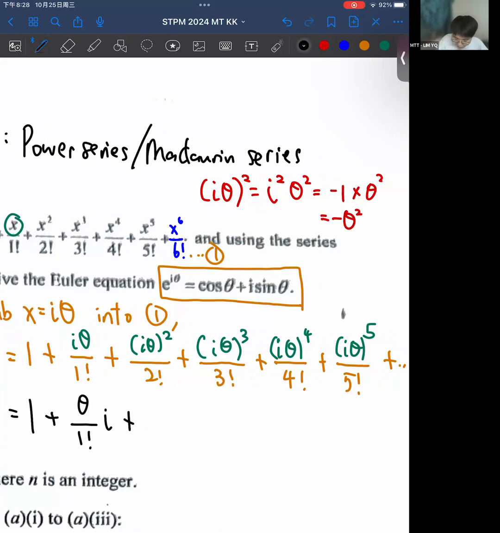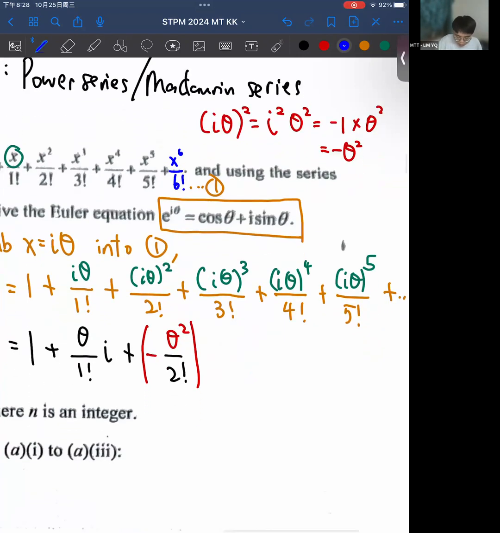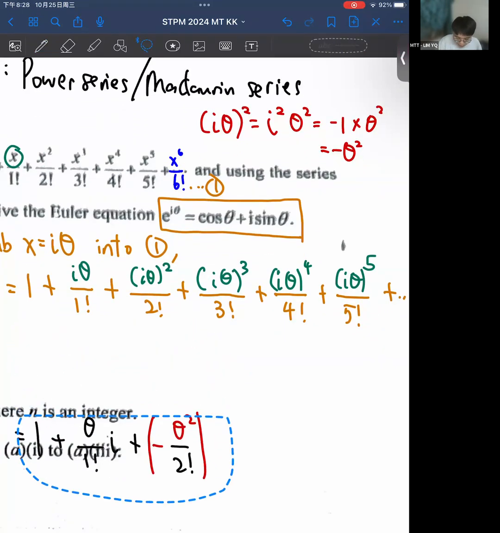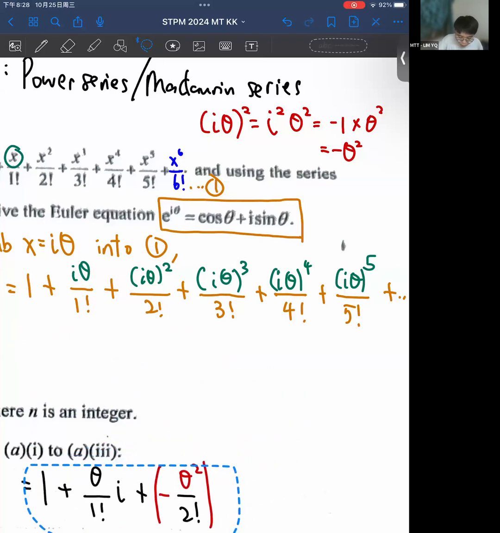So here you have negative theta squared over 2 factorial. Okay, I will put it like this. Later you will see why I want to do this. If you don't like this one, you may also put a previous line. If you think it is too fast, then you may put one more line.